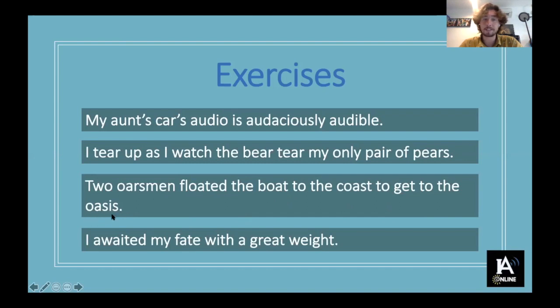Oarsmen, oasis, float, boat, coast. Two oarsmen floated the boat to the coast to get to the oasis.